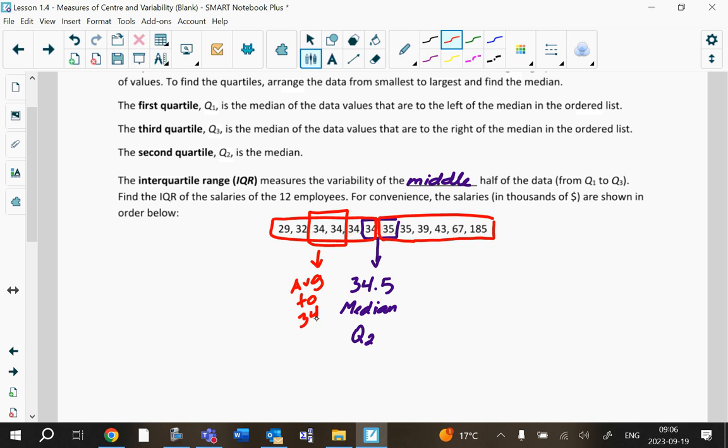That's Q1. And then we do the same thing above the original median. There are 2 numbers above, the values 39 and 43. So 39 plus 43 divided by 2 gives us 41. That's Q3.